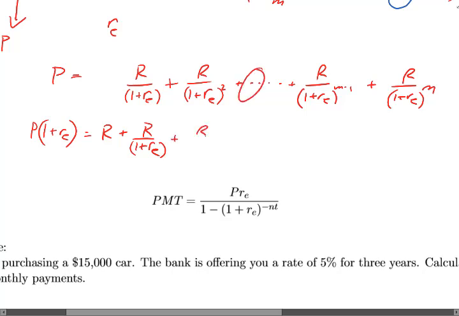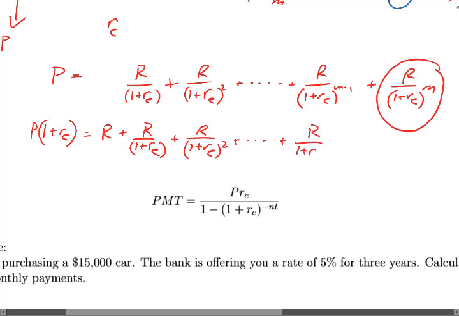And then you multiply the term over here, and you get R times 1 plus RE squared. Do that for each and every one of these. Do it for this one, and that'll cancel with whatever term is over here. And then you multiply this term, and you'll get R times 1 plus RE to the M minus 1.